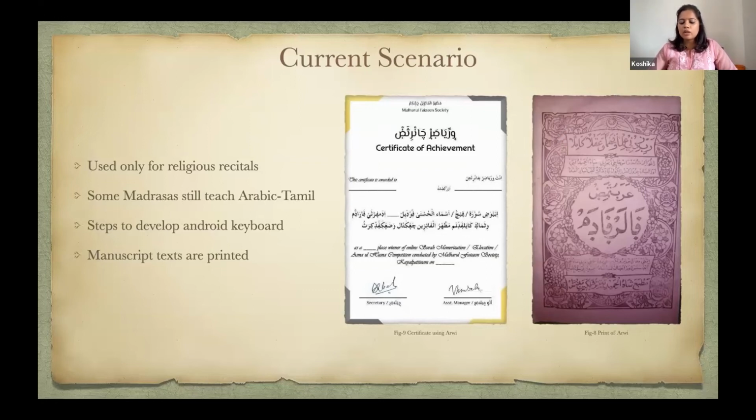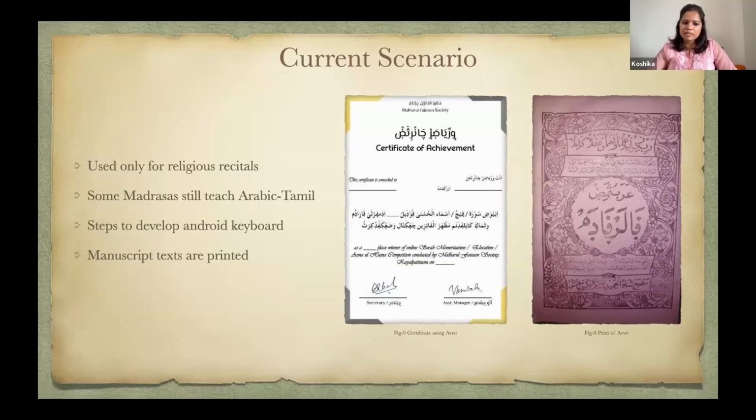And he, along with his friend who is working in Zoho, is developing a keyboard for Arabic, which is really nice, using new technologies to bring back a lost language.